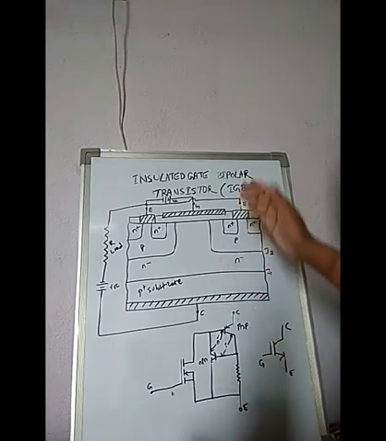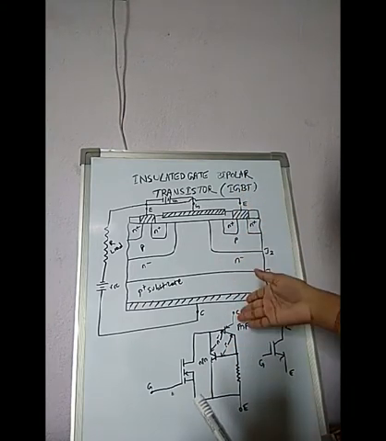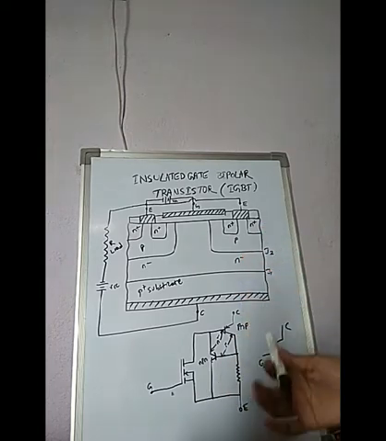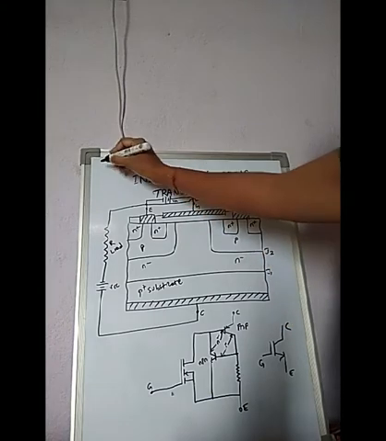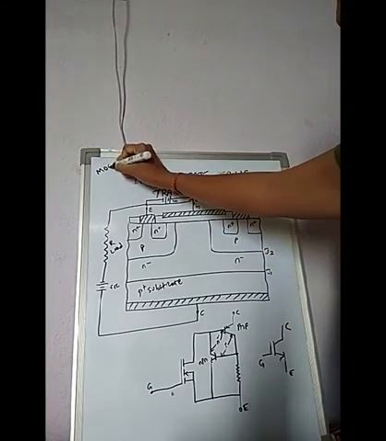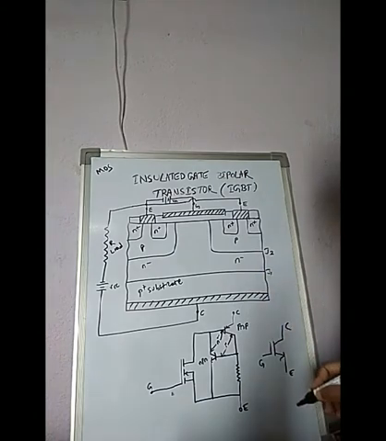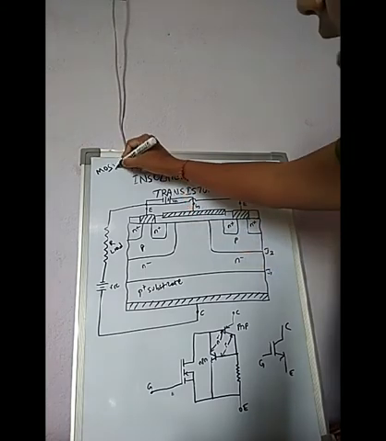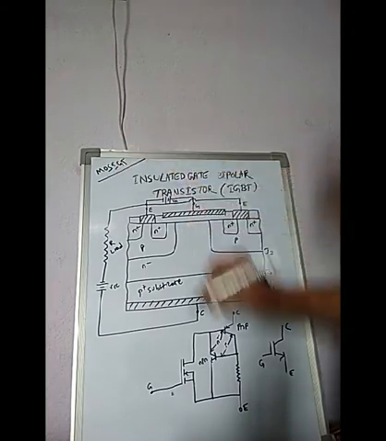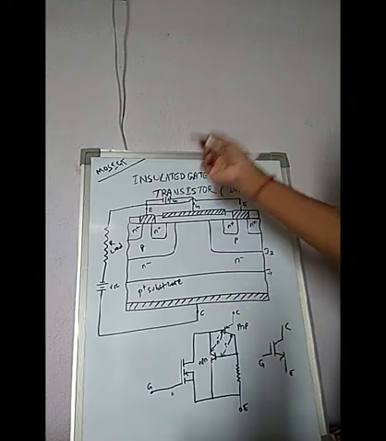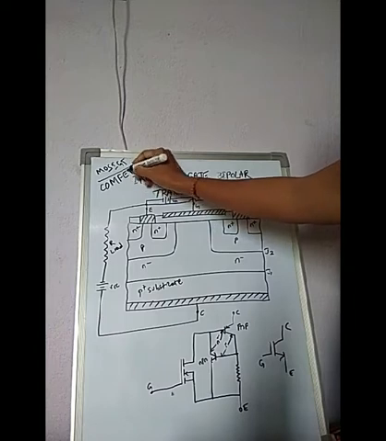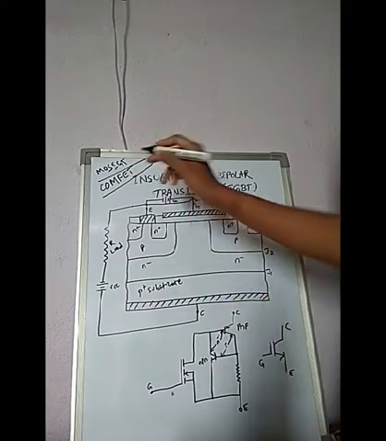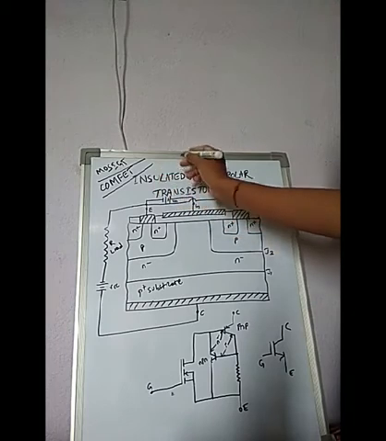Okay, and IGBT has several names. It is also known as metal oxide insulated gate transistor, termed MOS-IGT. It is also named COMFET, which means conductively modulated field effect transistor.